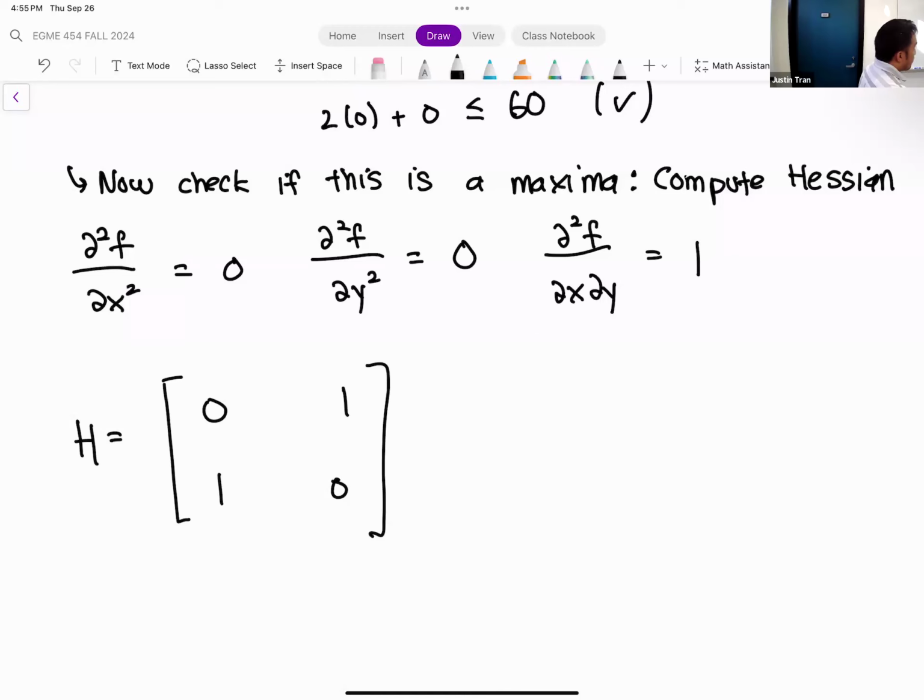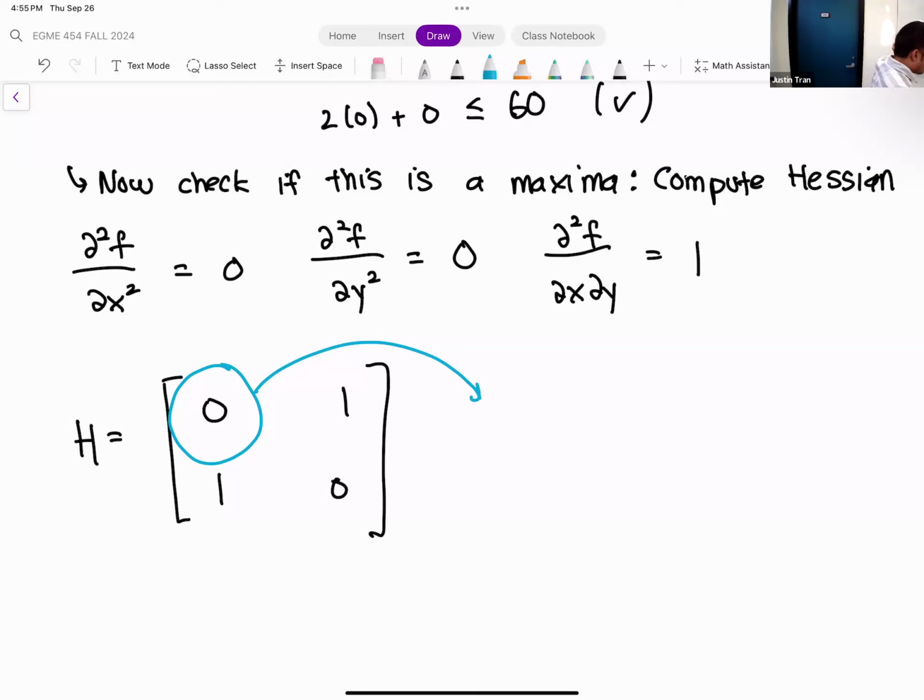In order for the point 0, 0 to be a maximum, the Hessian matrix evaluated at that point must be negative definite. But we can see something right away, a kind of red flag. If we look at the top left entry of our Hessian matrix, we see we have a 0.